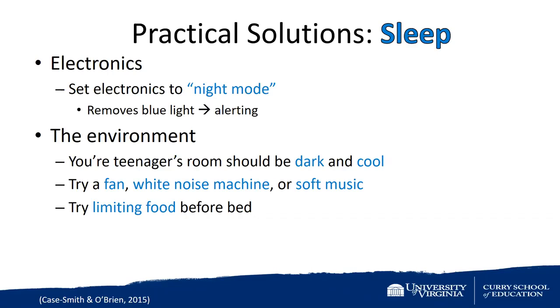In terms of noise, trying a fan or a white noise machine may help trigger that sleep response for an individual with IDD. And also limiting food a couple hours before bed may be really helpful too.